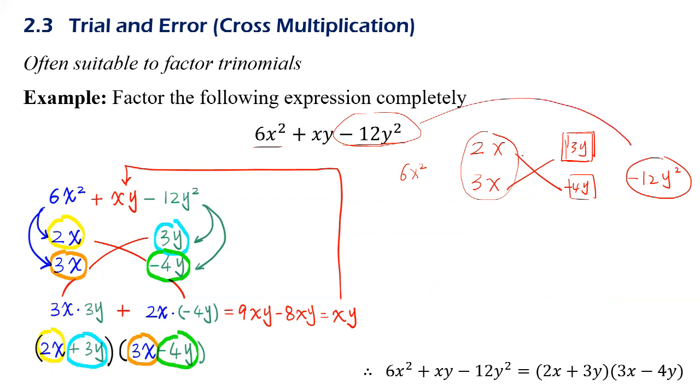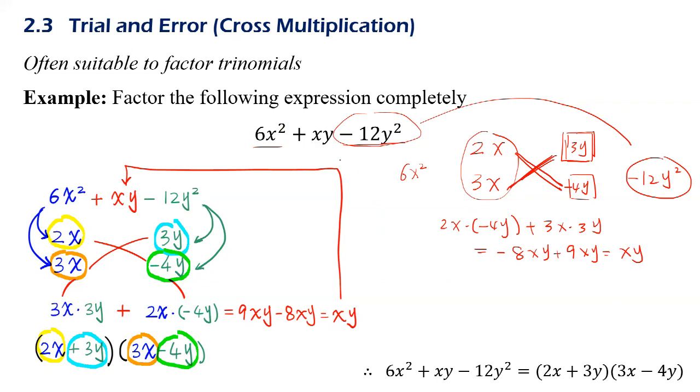And also, if we do the cross multiplication here, 2x times minus 4y plus 3x times 3y is minus 8xy plus 9xy, which is exactly xy, the term in the middle, right?